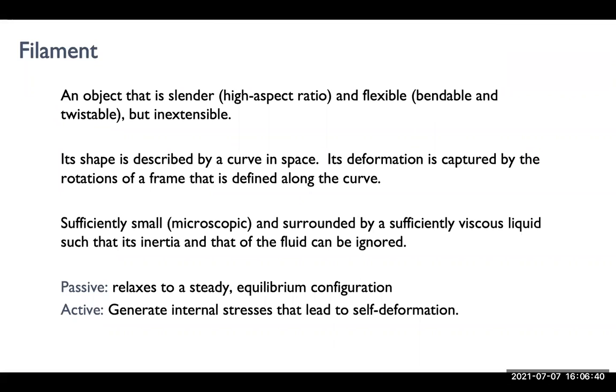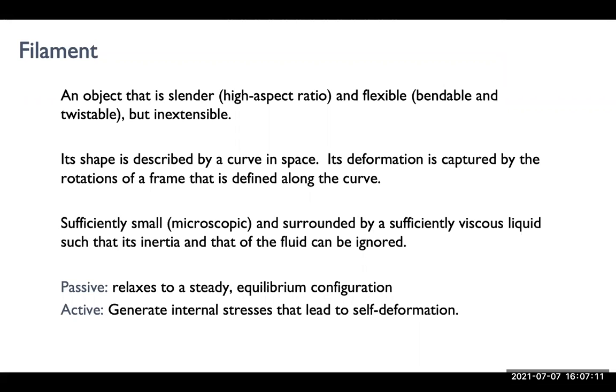Okay, and then just to contrast the two different cases of passive and active. A passive filament is one where we assume that if you deform it by exerting a force on it and then let go, eventually your filament will return to some rest configuration, whether it be straight or one that's prescribed.